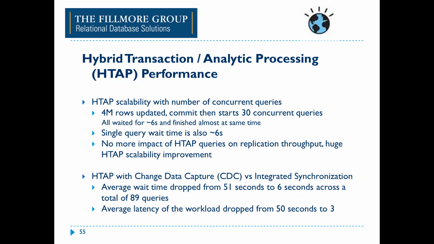The only thing that's changing here in the two environments is whether we're using CDC or integrated synchronization. The average latency of the workload dropped from 50 seconds to 3 seconds. So orders of magnitude improvement in latency. Your time to data just got way shorter.